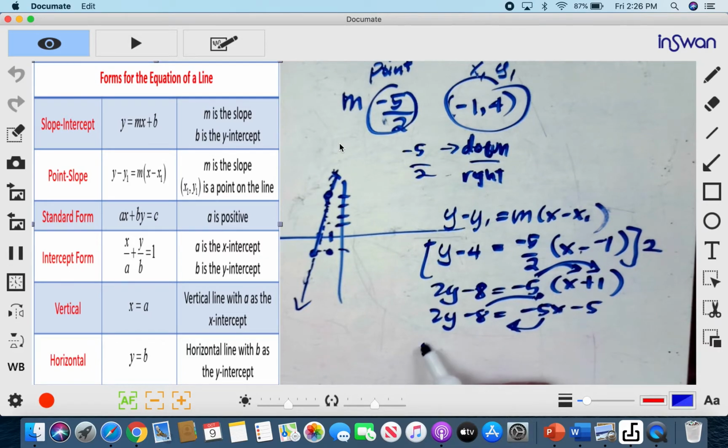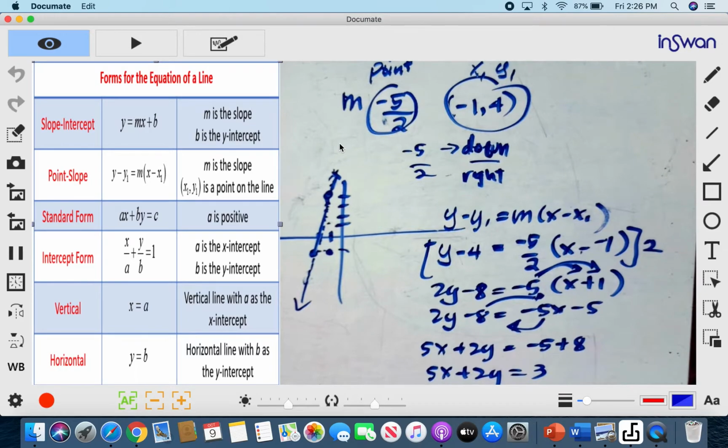So therefore, I have 5x plus 2y is equal to negative 5 plus 8. So 8 becomes positive and 5x becomes positive. We transpose them. This is not symmetric. If I just switch these places, I will not change any of their signs. So I have 5x plus 2y is equal to 3.